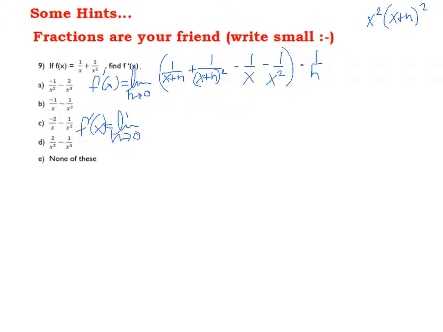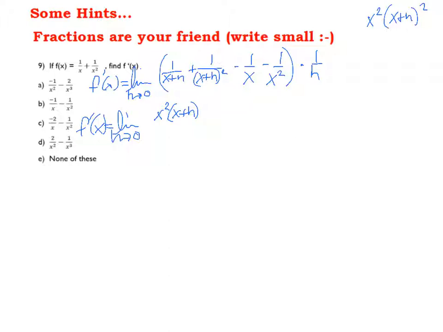Keep the limit. And I look at this first fraction and I say, all right, I've got an x plus h. This is what I need it to be. So it appears I need to multiply by an x squared and multiply by another x plus h. That's going to make your numerator x squared times x plus h.